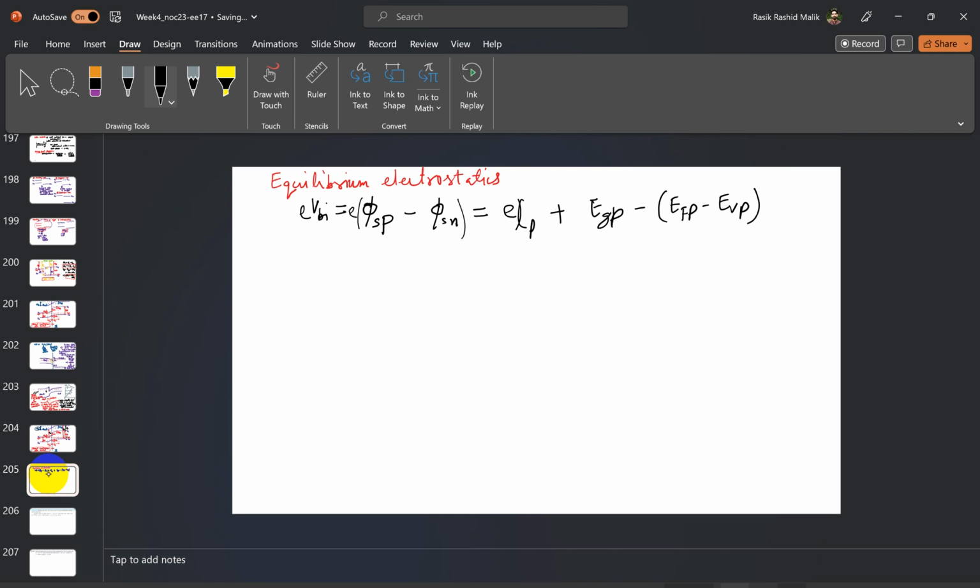Now the second term will be similar for the n side. We have to do the E chi n and then the energy gap on the n side, and then we have to subtract the difference.